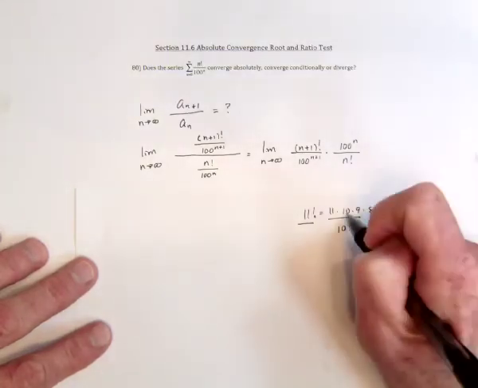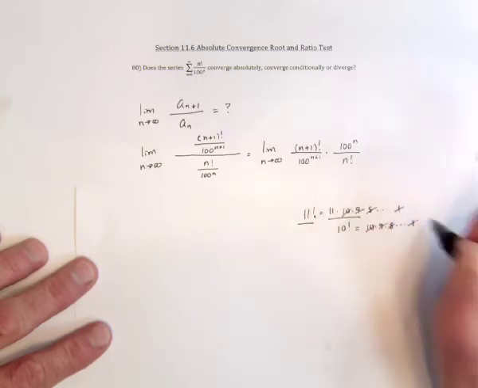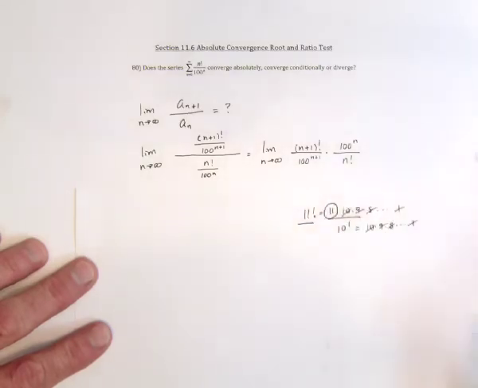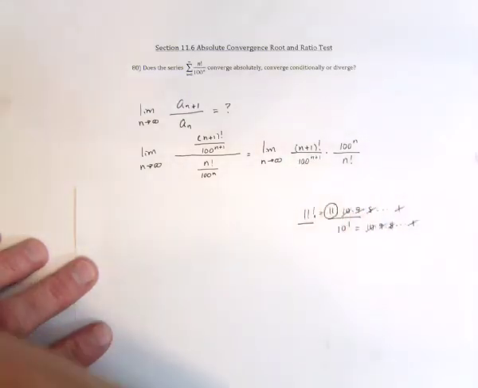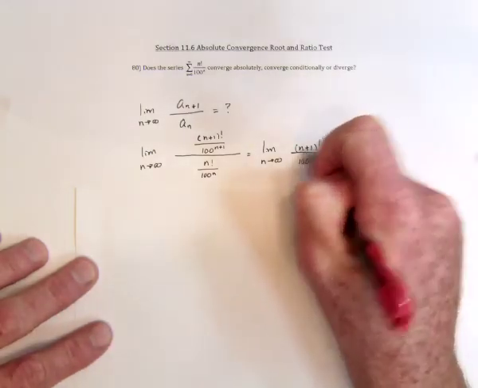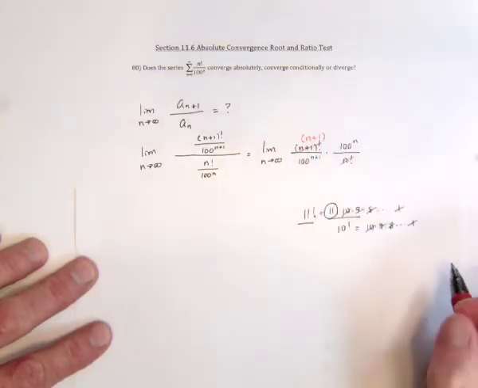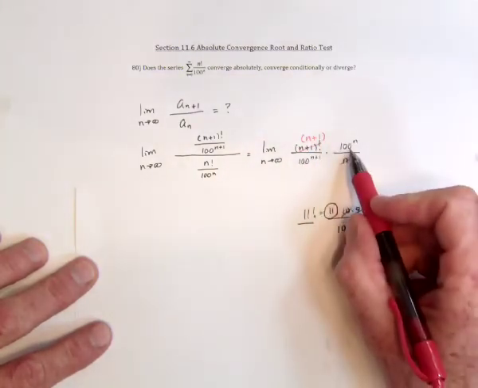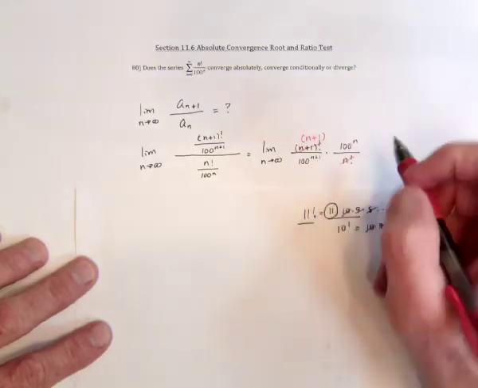So in that case, this will cancel, cancel, cancel, and finally the 1's cancel. All that you're left with is the 11, which is the number n plus 1. So we'll divide into this and leave behind an n plus 1. Likewise over here, 100 to the n will cancel the 100 to the n, but it'll leave behind 100 to the 1.